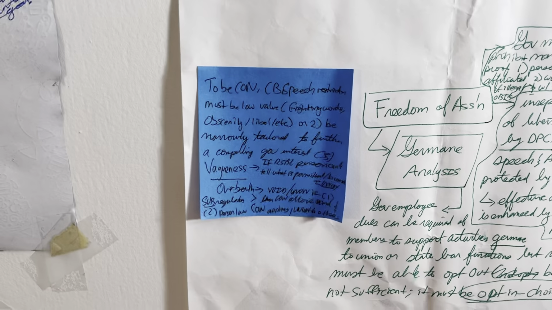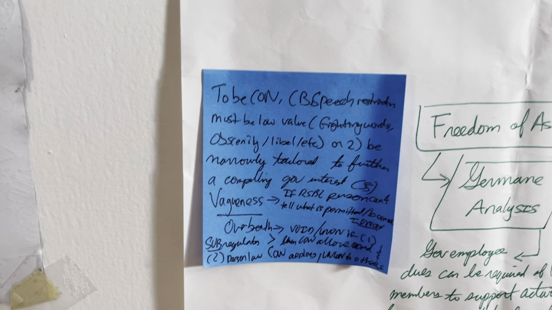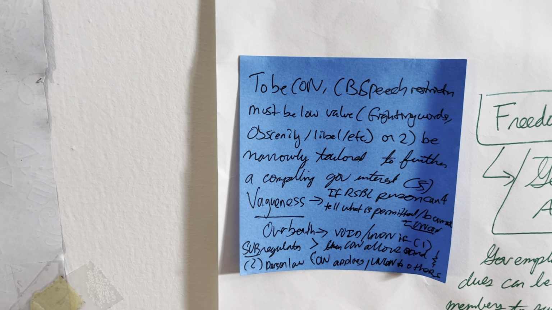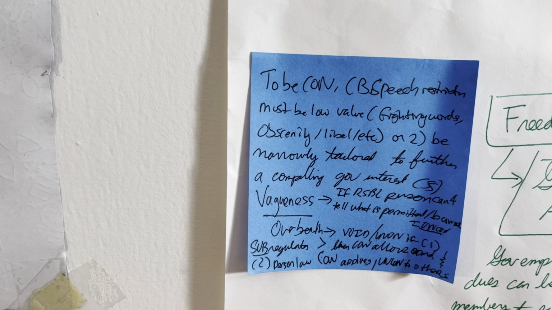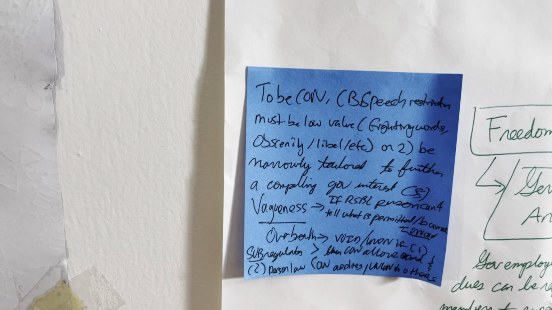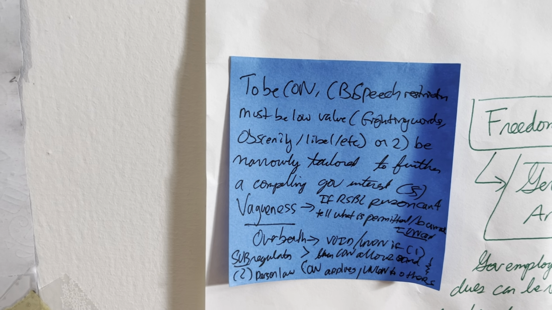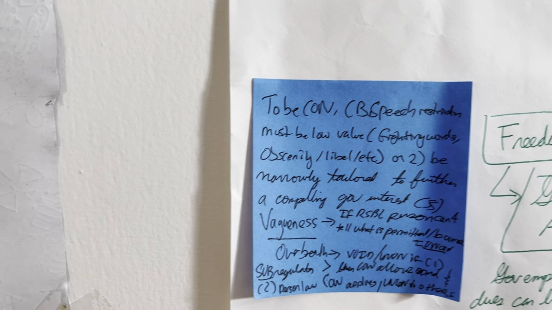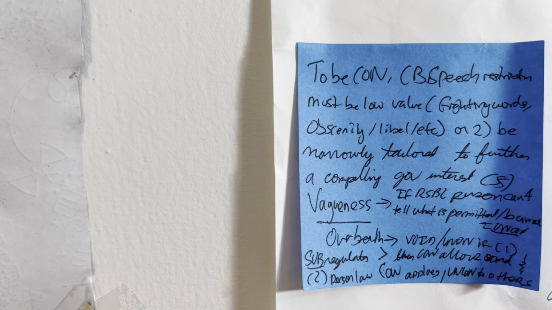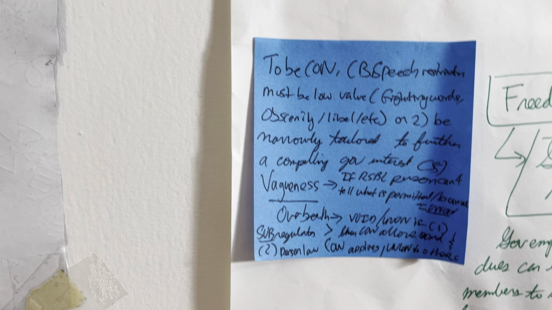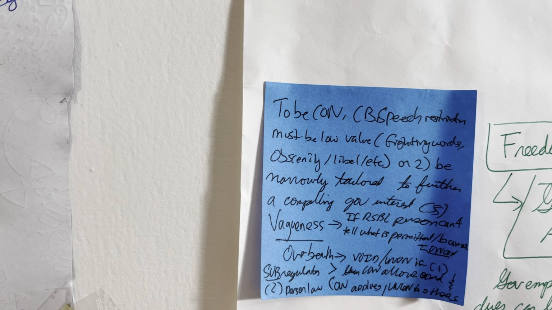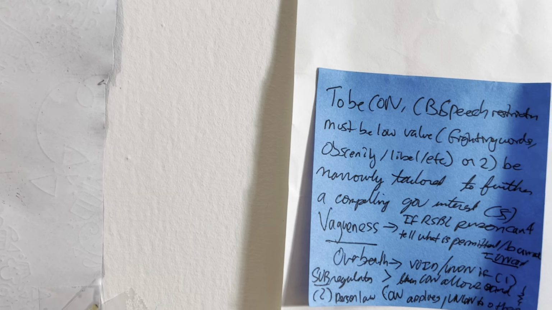Remember, just generally here, that to be constitutional, content-based speech restrictions must be low value, such as fighting words, obscenity, libel, etc., or be narrowly tailored to further compelling government interests to get that strict scrutiny. Remember, void for vagueness. If a reasonable person can't tell what is permitted, then it's unconstitutional.